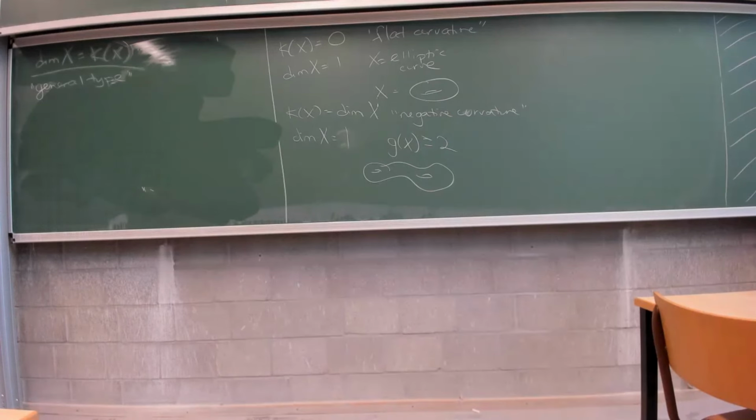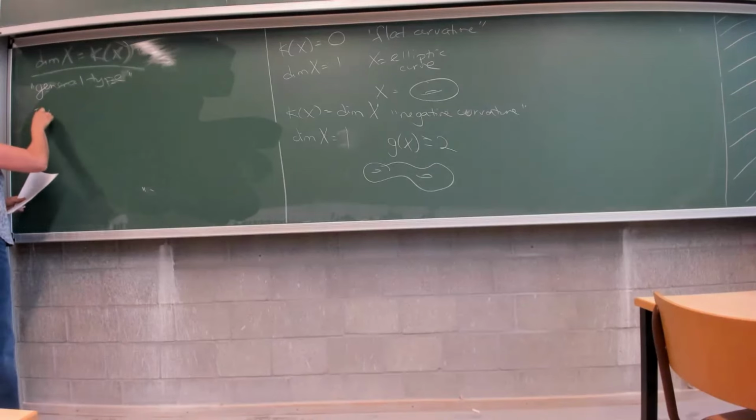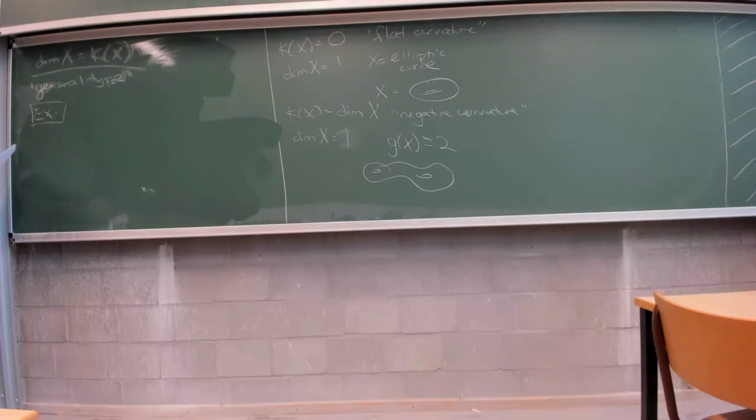And so in general, the examples of general type varieties that we know are a bit more complicated to come up with. But if we want some examples, so we saw that we can make Kodaira dimension minus infinity varieties by taking low degree hypersurfaces in projective space.